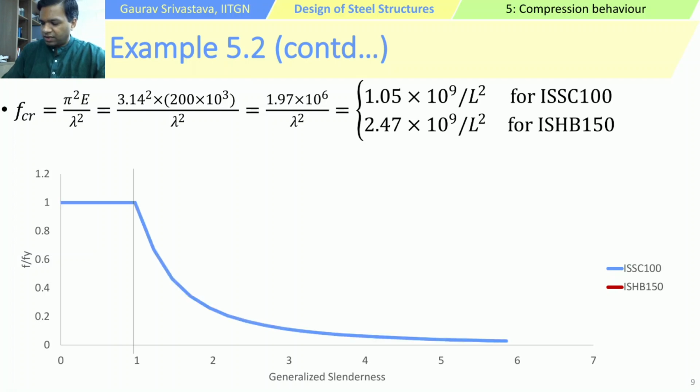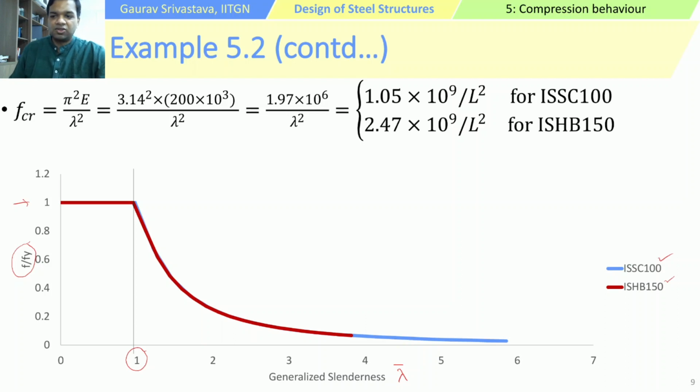So what we see is that for ISSC 100, this particular variation governs the failure stress. This is the normalized failure stress with respect to the generalized slenderness ratio lambda bar, and we see that the transition happens at lambda bar equal to 1, and up to lambda bar equal to 1, the normalized failure stress is unity, right? What is interesting to note is that if we now plot the same type of figure for the other section which we had considered, ISHB 150, it actually lies just on top of it, right?